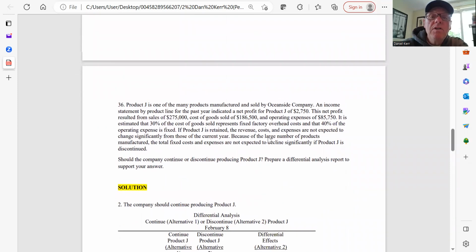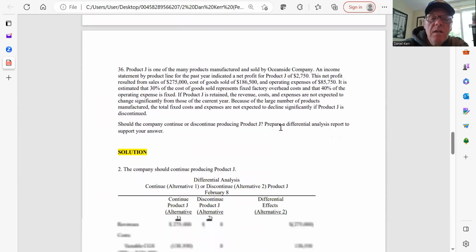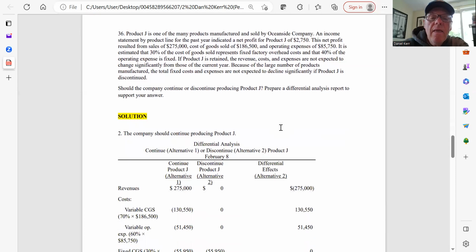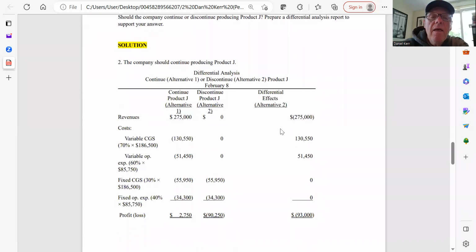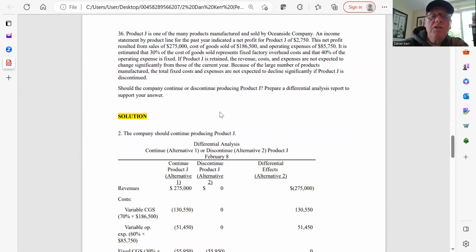And then with regard to product J, if we've gone ahead and discontinued it. So here's what's currently happening with product J, and here's what happens if we discontinue product J. So the question: should the company discontinue producing product J? Prepare a differential analysis.